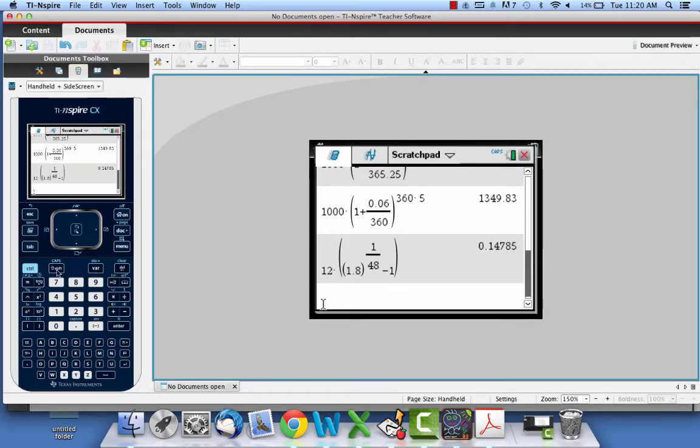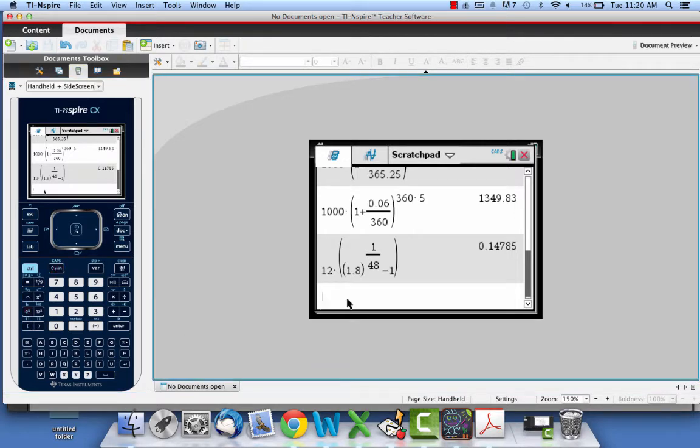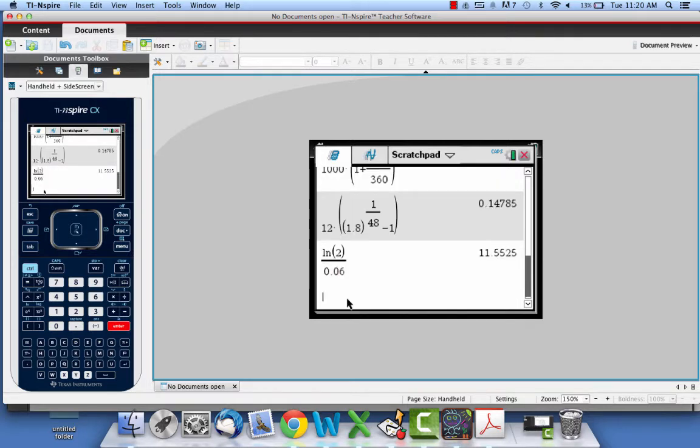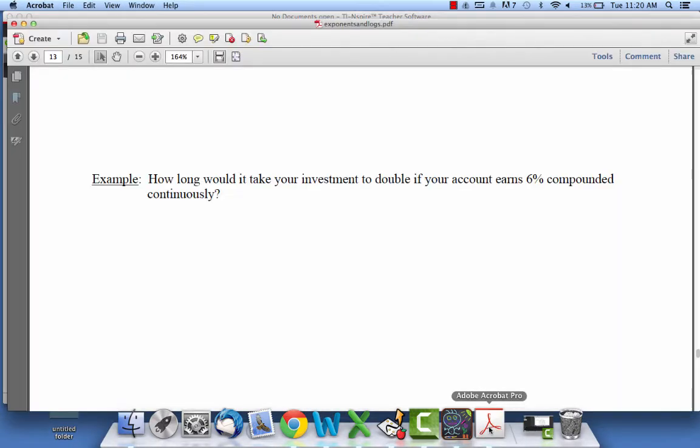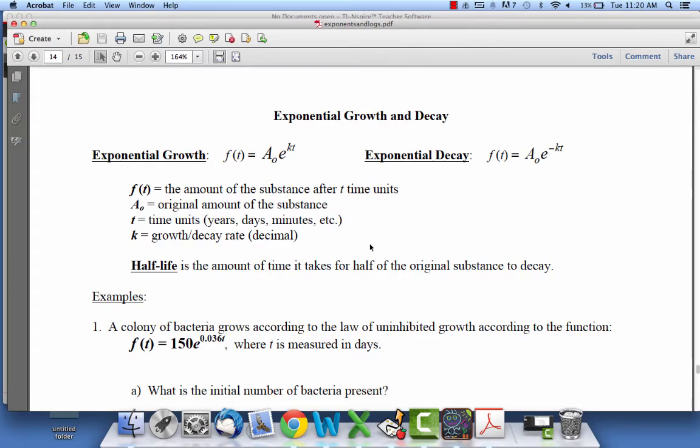Okay, so it'd take 11 and a half years, which is a more reasonable amount of time to take to double.